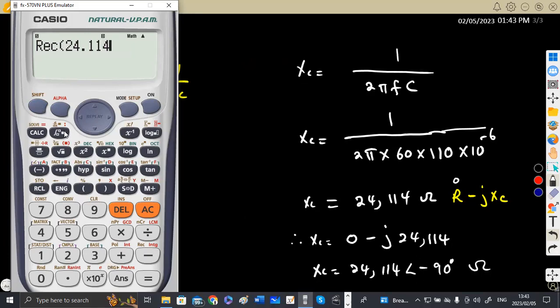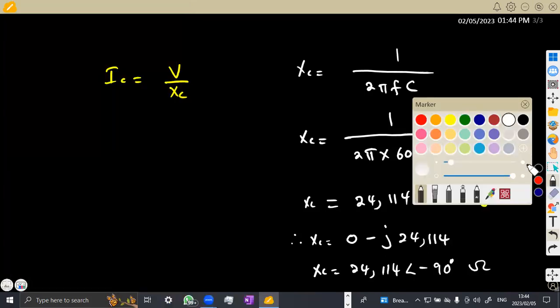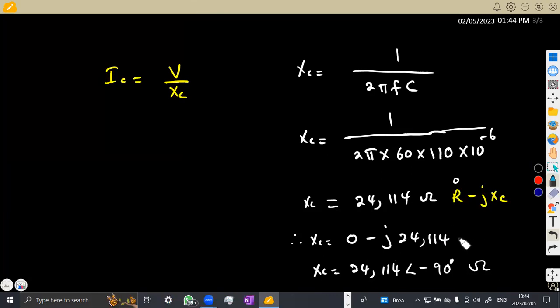So to separate, it's shift, you put this comma, that's negative 90 degrees. You close the bracket. Okay, so it is going to give you the value of X. That's a 0, the value. Okay, so it gives us the answer that we got there. Still it's one and the same thing, but I did it the other way. Anyways, it still gives us this answer. I hope you understand, guys. So I want you to get back to that one and see if you're going to get this XC.